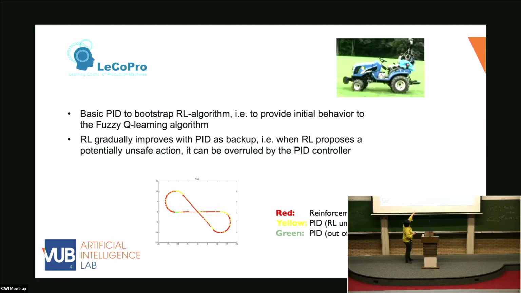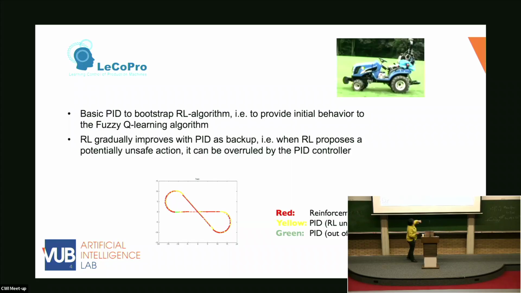One of the trajectories that we used to train the system was performing this kind of 8 pattern. And you see where the dots are red, that's where the reinforcement learning algorithm is taking the action, so where it is sufficiently certain to decide on the action.